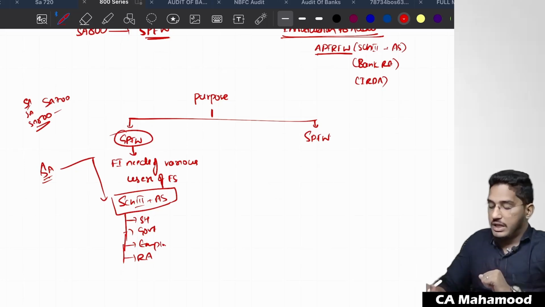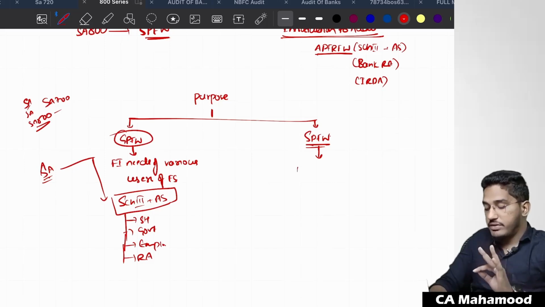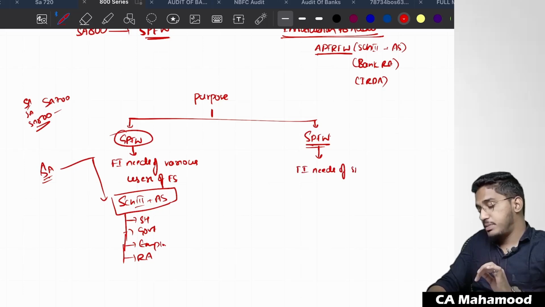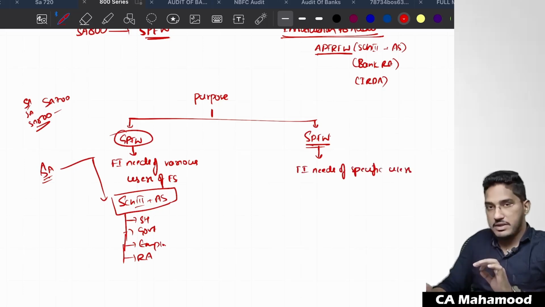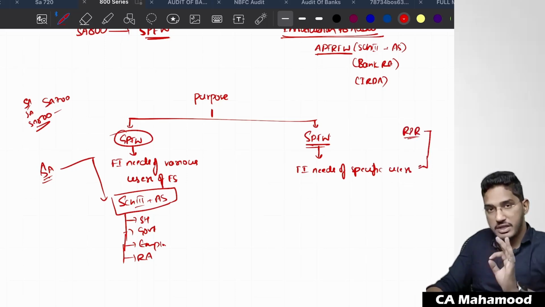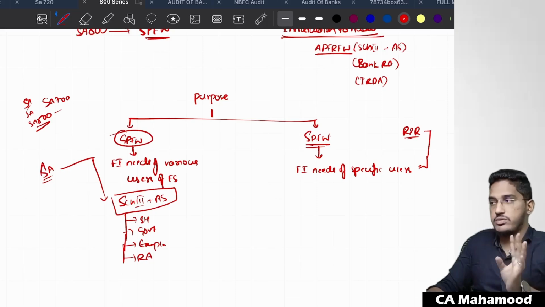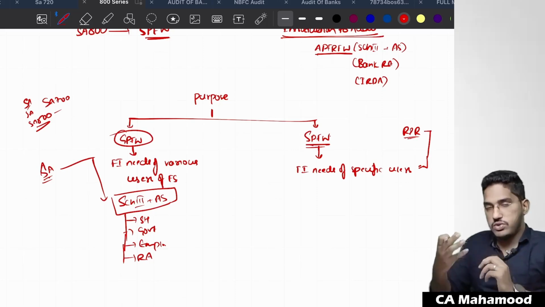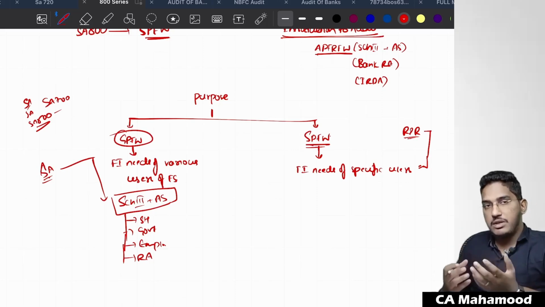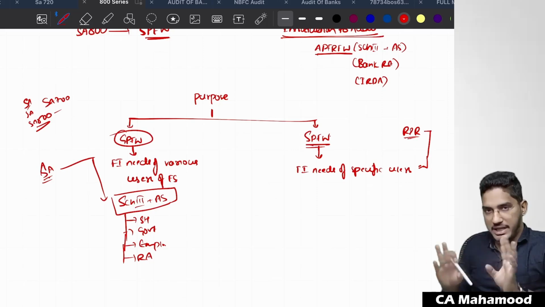Now there is one more framework. What is that framework? Special purpose framework. Special purpose framework refers to such a framework which will fulfill the financial information needs of specific users. If you are following a certain set of rules and regulations which fulfill the information needs of only one or two specific users, those financial statements will not be accepted by everybody.